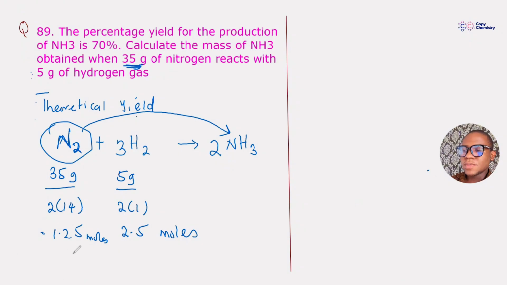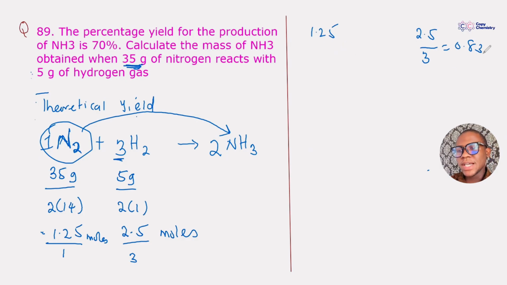We divide these moles here by the number in front, which is 1, and divide these moles here by the number in front, which is 3. Okay, so when you do 2.5 divided by 3, that's about 0.83, right? And then 1.25 divided by 1 is about 1.25 still.